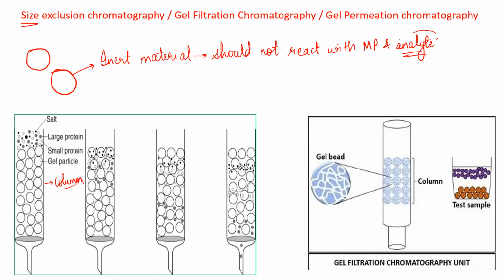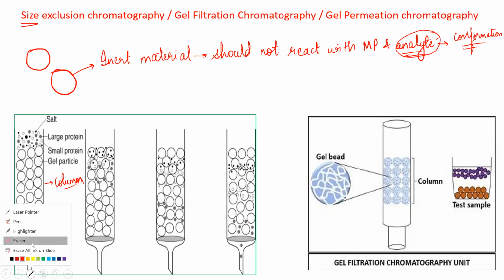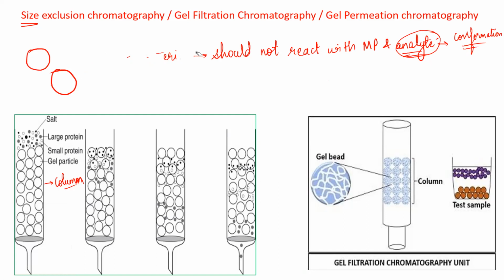Interacting with the analyte, in the sense that it should not transform the analyte. It should not change the conformation completely and make it inactive, or make it dysfunctional in such a way that it cannot be used any further. So these beads are inert material.